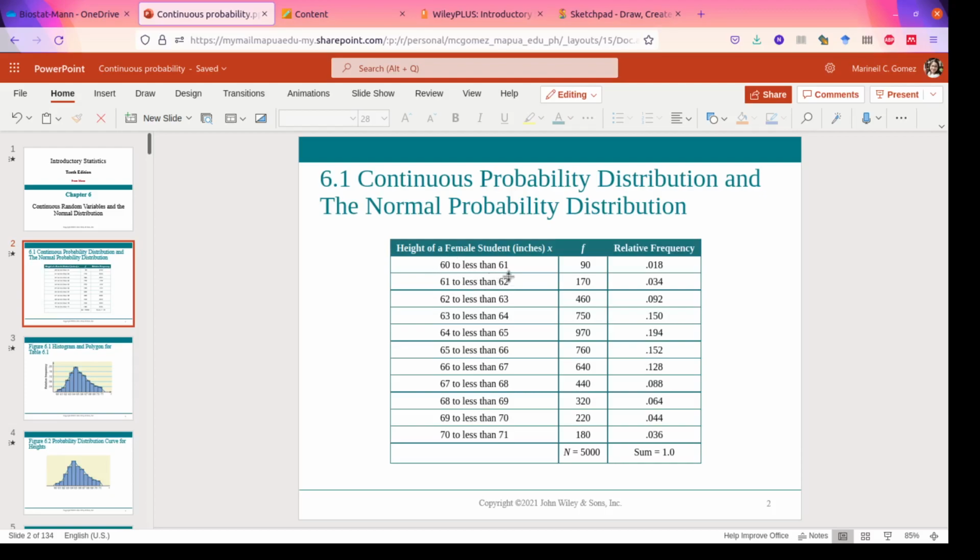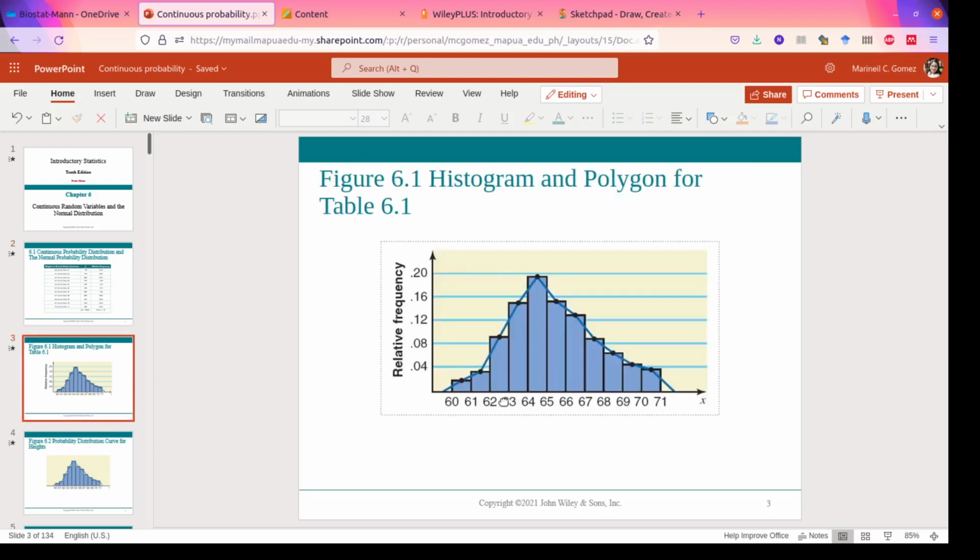So you have a category of 60 to 61 inches in height, and then another outcome is 61 to 62, and these are their relative frequencies. If the continuous random variable falls between 60 and 61, it falls under this outcome. When you graph this, it becomes a histogram.